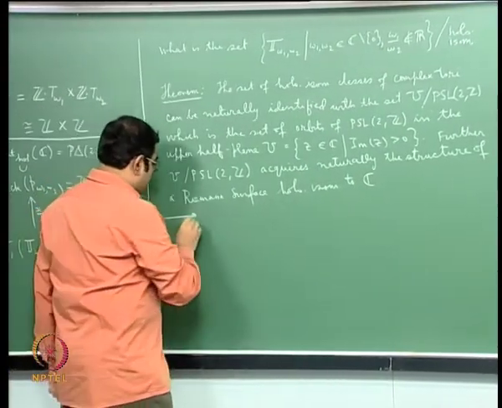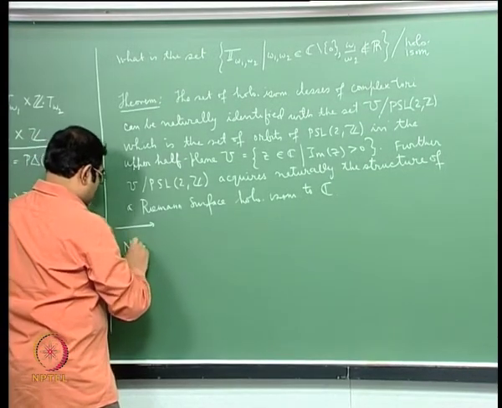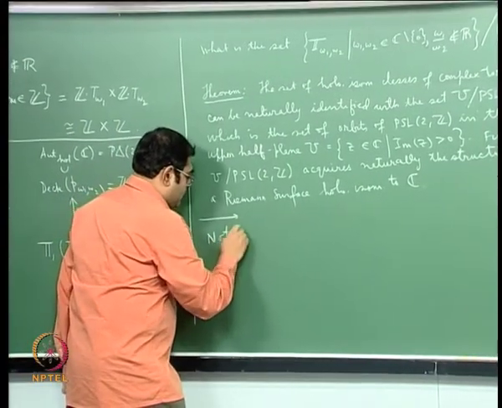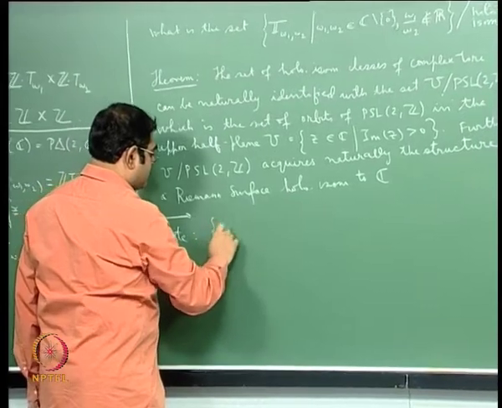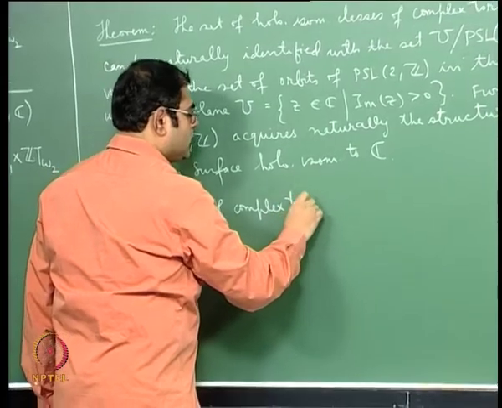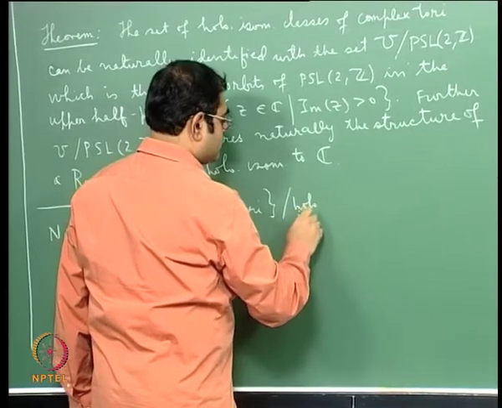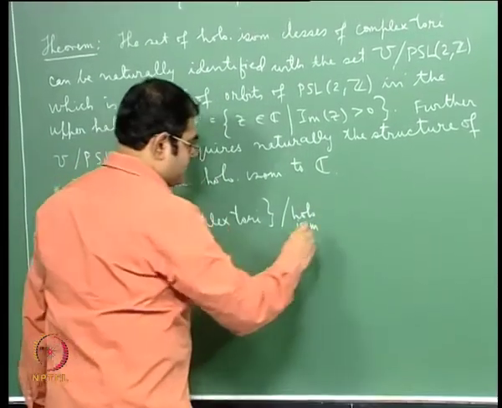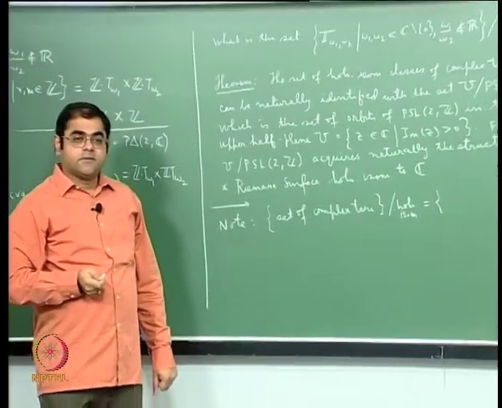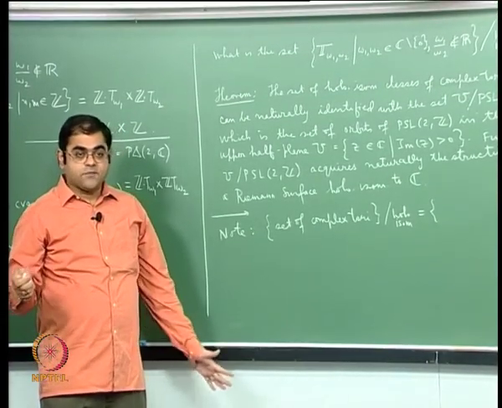So the first thing I want to state is that, just for the sake of novelty, note that the set of complex tori modulo holomorphic isomorphism is also the same as, well, let us recall a theorem.